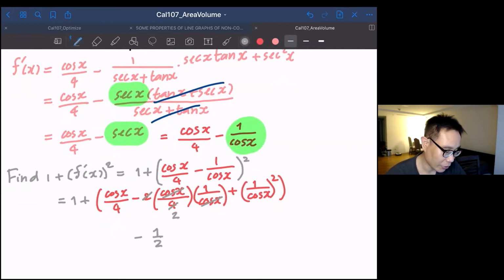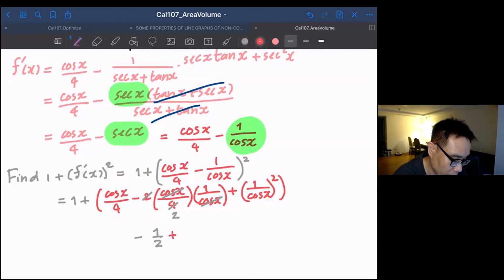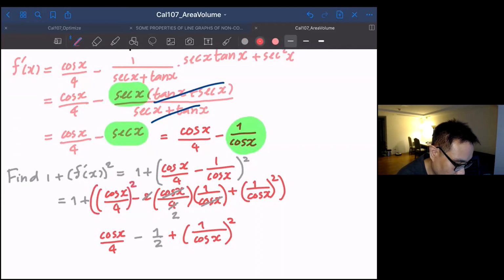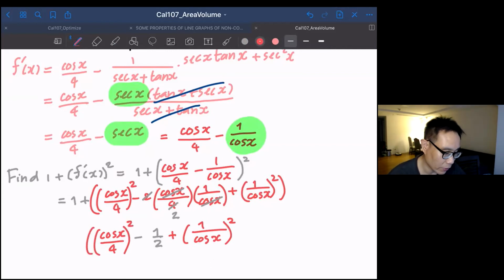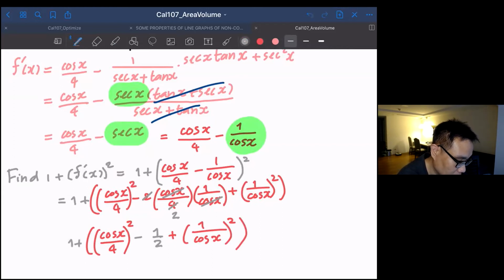The rest of the terms are 1 over cos squared x and (cos x over 4) squared. Then you have 1 plus cos x.